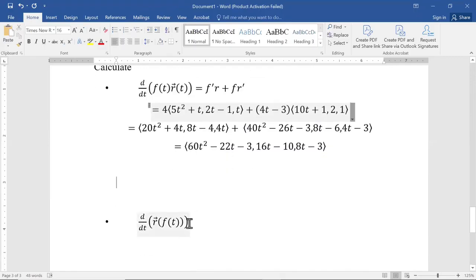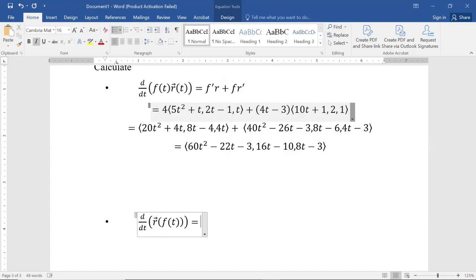Lastly, we're going to take the derivative of the composition of R and f. Now, this is a little bit tricky.